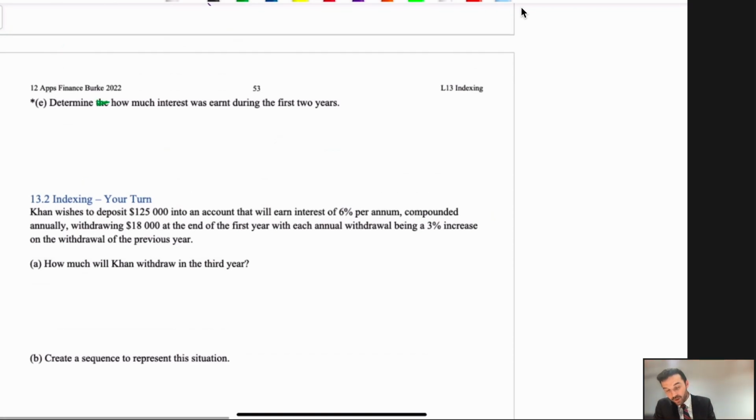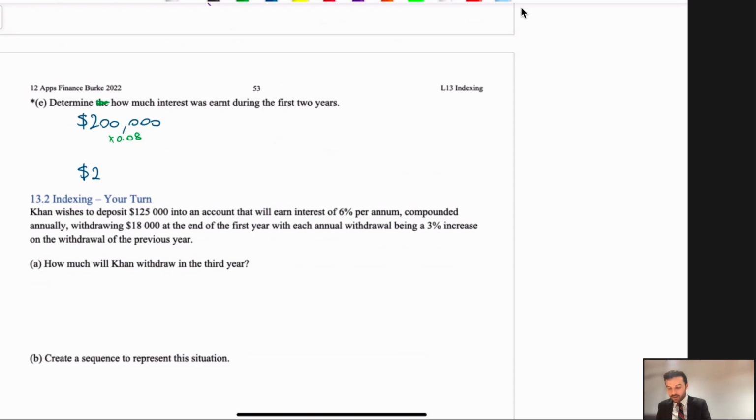How much interest was earned in the first year? So you could just make a table, right? So we started off with $200,000, and it went to, we get 0.08 of that.